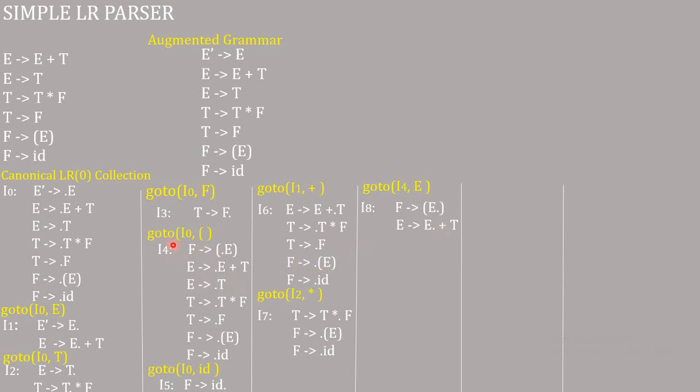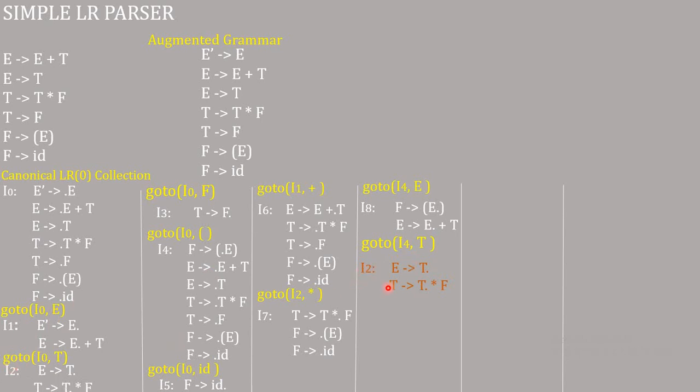Next we can define goto of I4 comma T. So what is the result? We will get the production rules E tends to T dot and T tends to T dot star F. These two production rules we already have in the set called I2.